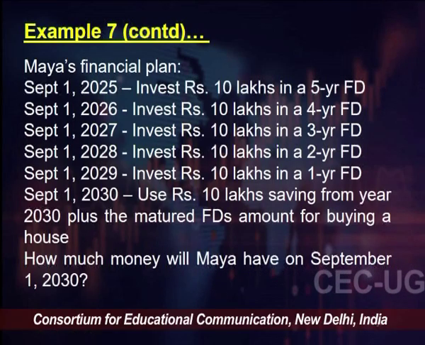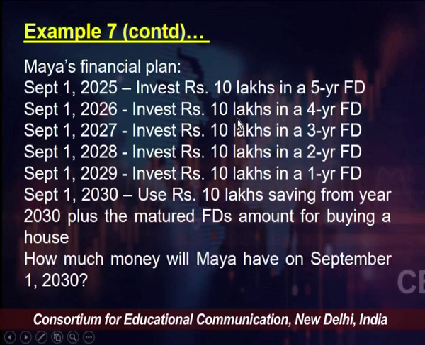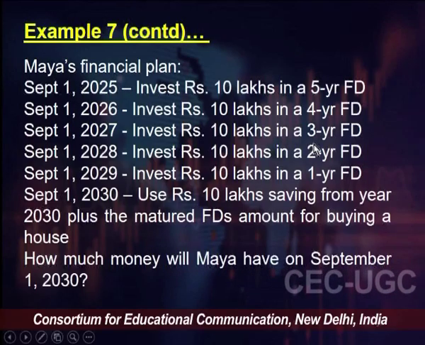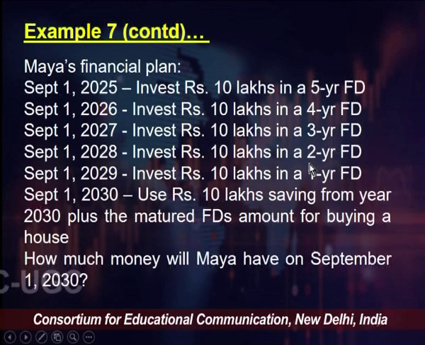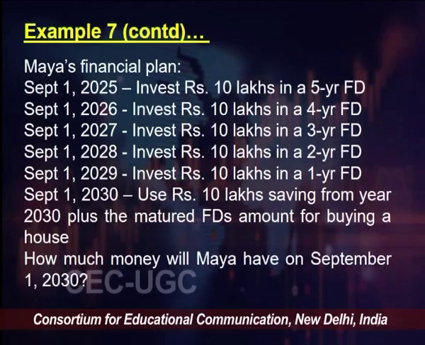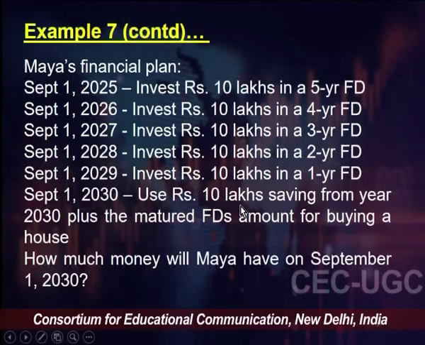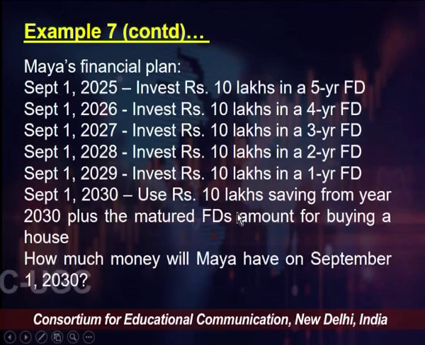Then September 1st, 2026, because now there are only 4 years left till 2030, she will put another 10 lakhs in a 4-year FD. Then 2027, she will put another 10 lakhs now for a 3-year FD, then 2028, 10 lakhs for a 2-year FD, 2029, 10 lakhs for a 1-year FD, and then 2030, she already will be saving 10 lakhs. So, that she will straight away use for the purchase of the house.